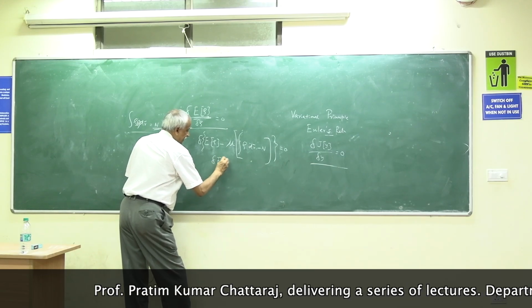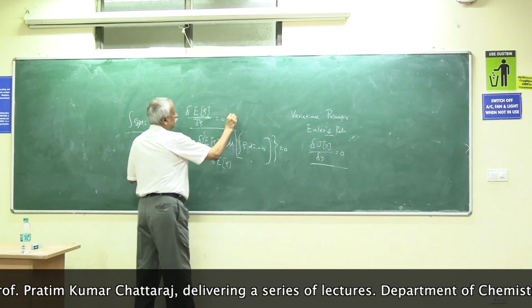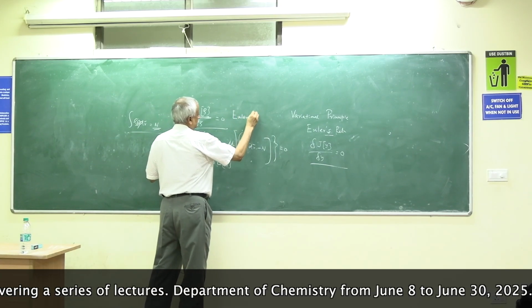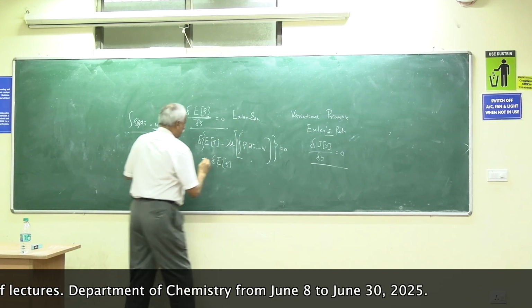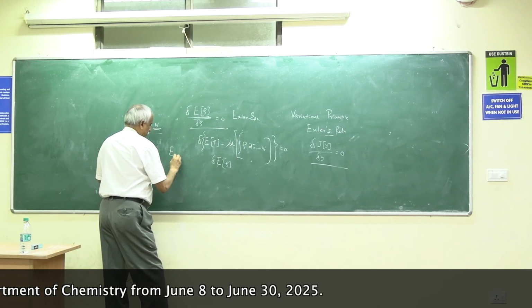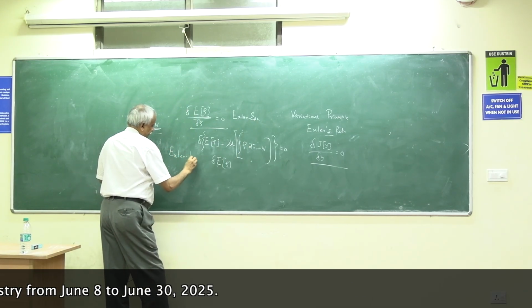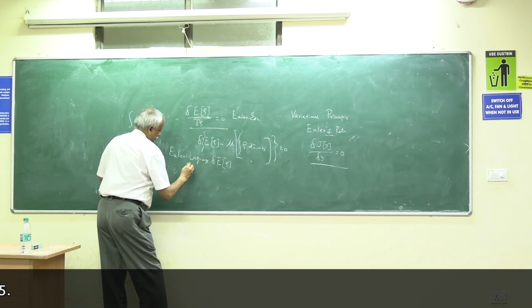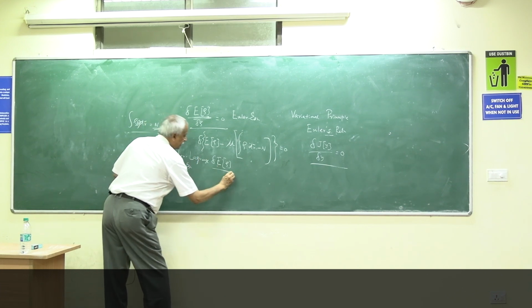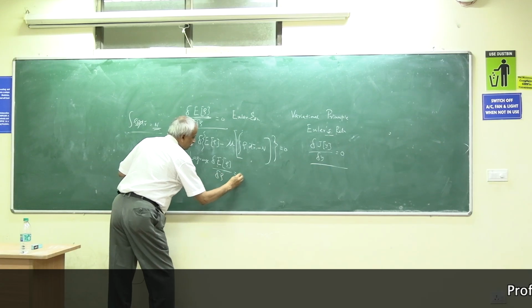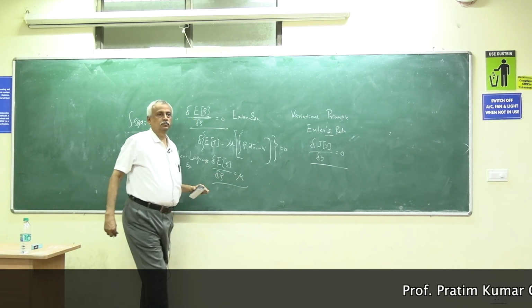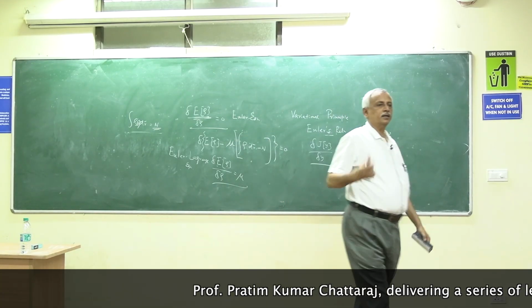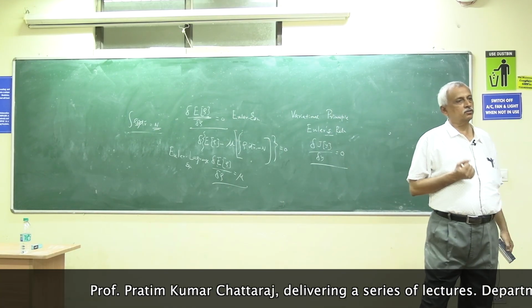So you see the change. This is what we call the Euler equation, and this one we will call the Euler-Lagrange equation, because you have a Lagrange multiplier. Okay. Where mu is the Lagrange multiplier associated with the normalization constraint.